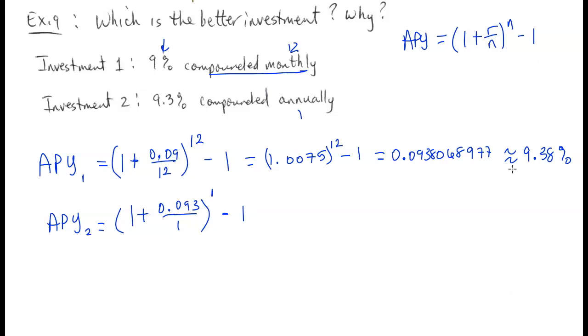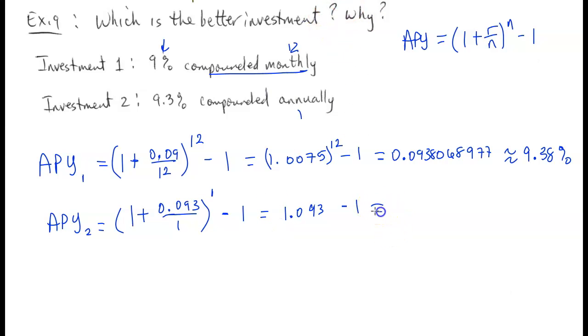Okay, so now let's look at investment 2. For investment 2, of course, this is just 1.093 raised to the 1 minus 1, or we can simply just say 1.093. So no need to get fancy there.